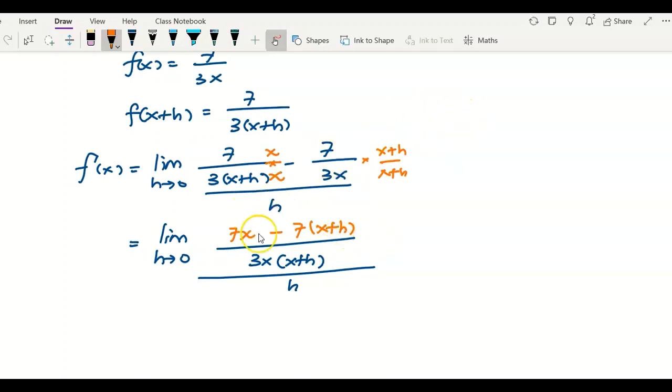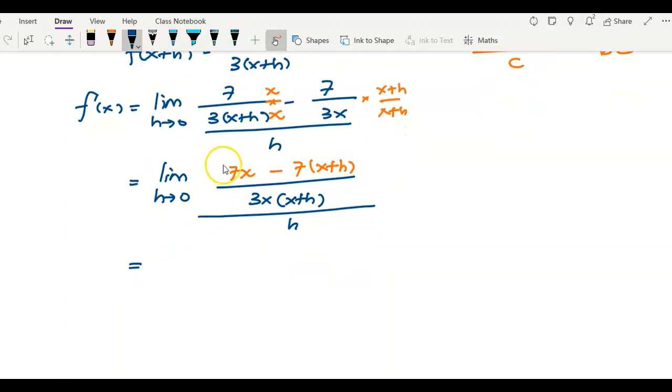Before, in the tutorial, I mentioned that if you have a over b over c, we can write this in the form of a over bc. So for my solution here, I need to simplify the top function, and down here, this is a b, this is a c.